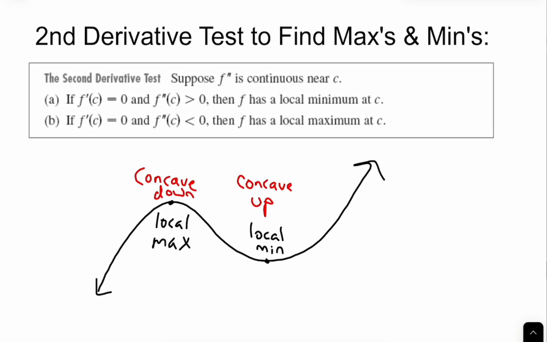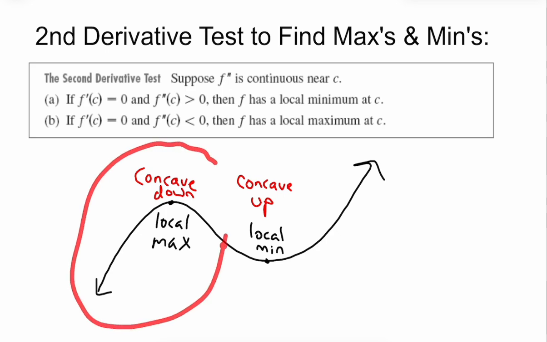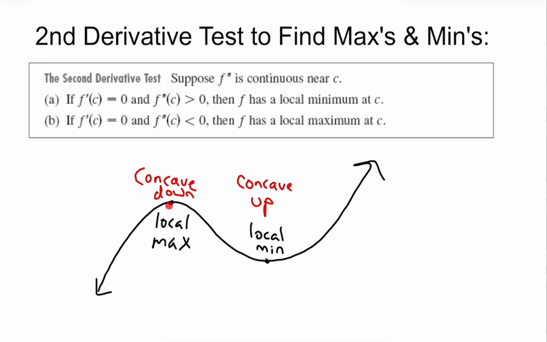So let's talk about how you can also use the second derivative test to find maxes and mins. If the second derivative is negative, it will be a cup flipped upside down. Wouldn't that indicate that the point in question would be at the top of the cup?